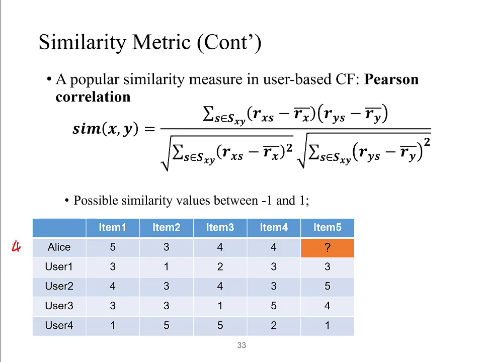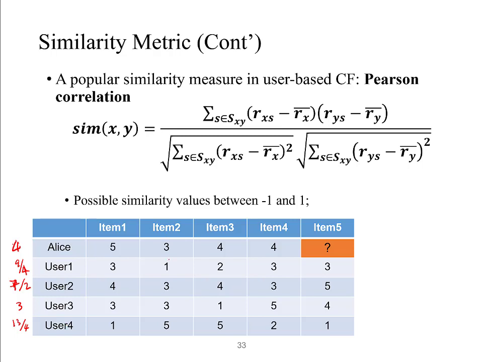This should be 9/4, this is 7/2, 3, and this one is 13/4. So we can pre-compute Rxs minus Rx bar, for Alice and all users 1, 2, 3, 4.